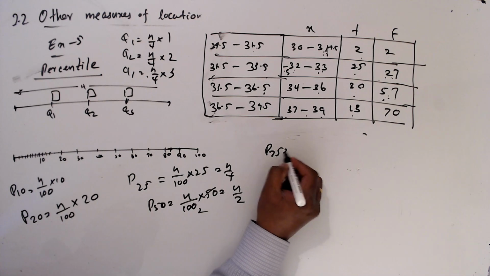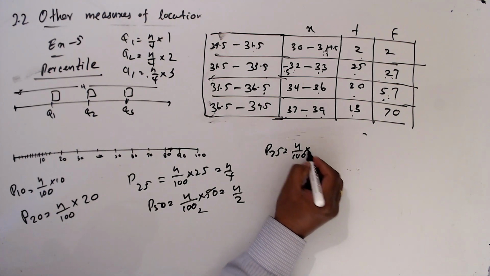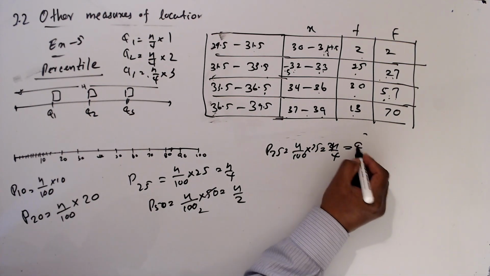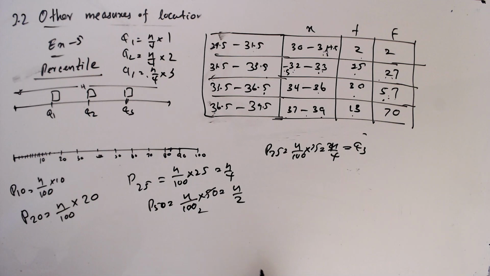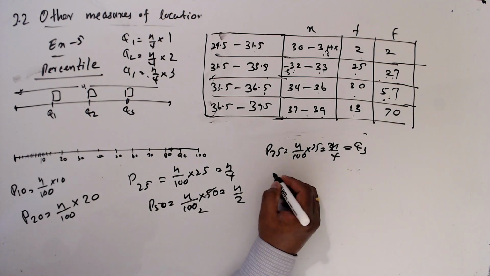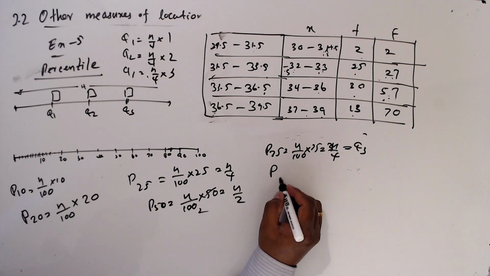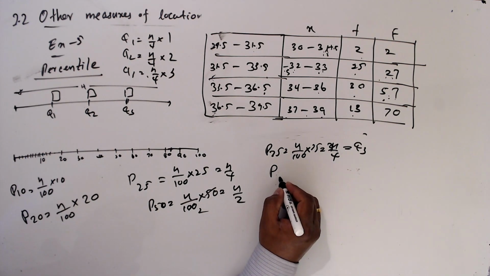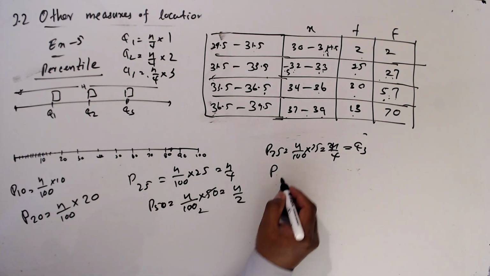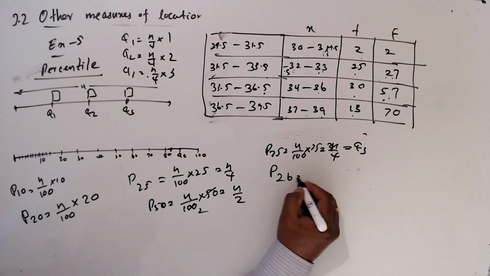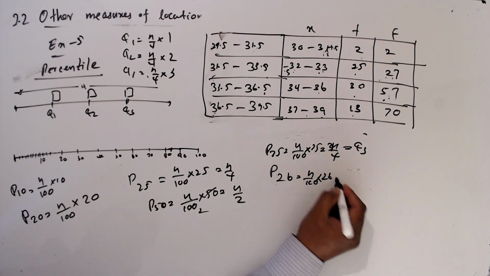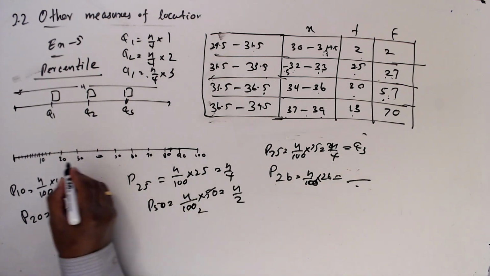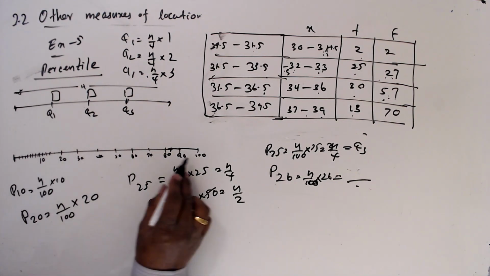Likewise, P75 means n divided by 100 multiplied by 75, which is 3n over 4, the third quartile. Likewise you can find P70, not only 20 or 30. You can find P26, n divided by 100 multiplied by 26. So you can find any point along the frequency line.